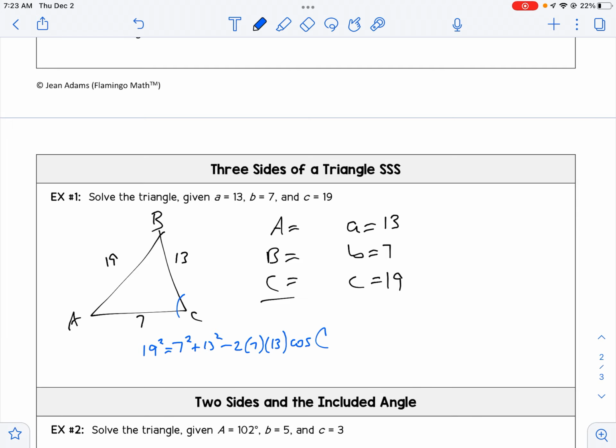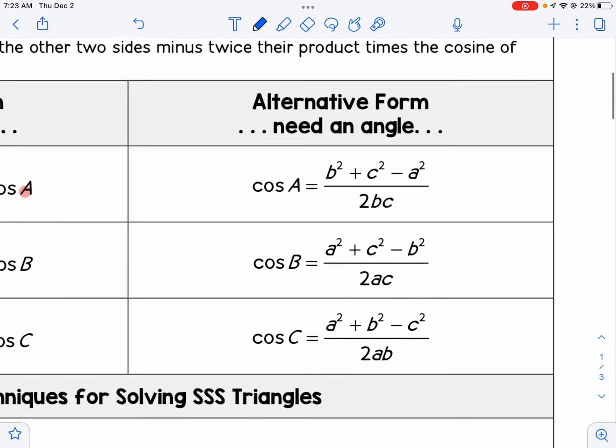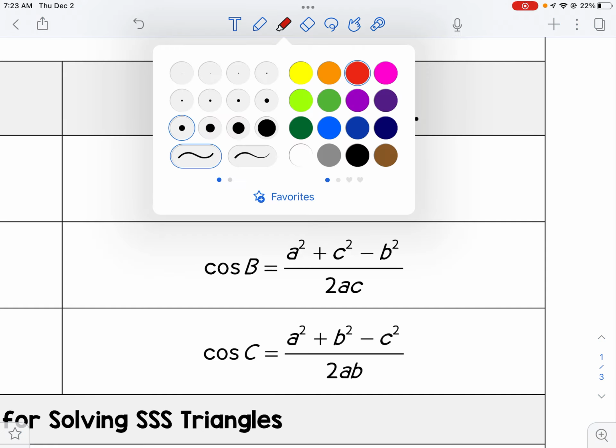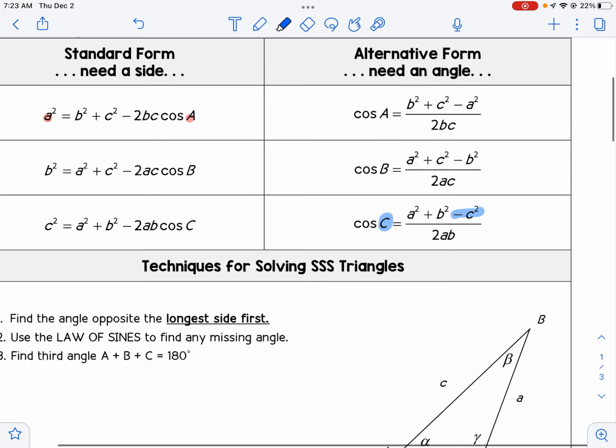solving that sometimes. So if I reference back up here, they give me an alternate form of each formula, so that way I can find just the angle. And again, when you're trying to memorize these, not that you have to, I memorize this based on the fact that if I'm looking for angle C, then side C is the one that's being subtracted in my formula.